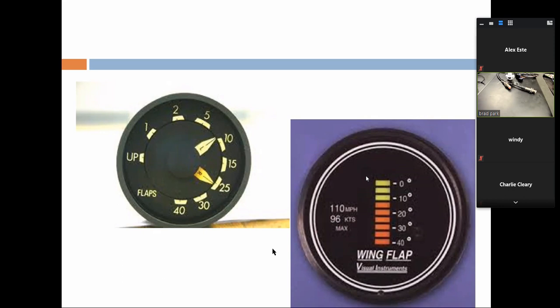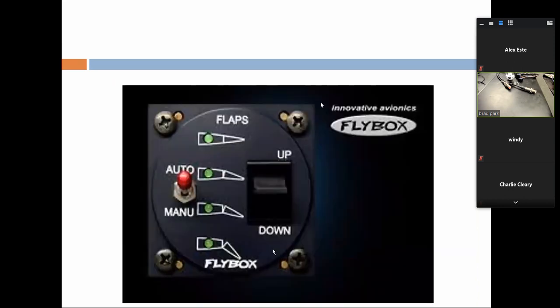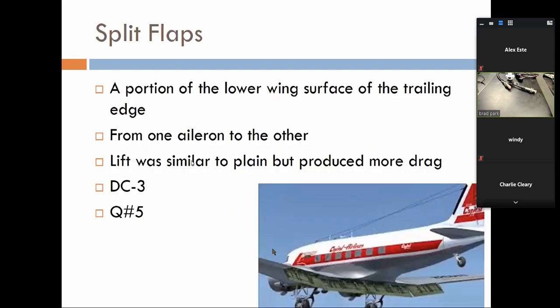So it gives you their degrees. This one gives you an indication, down flaps. Split flaps.